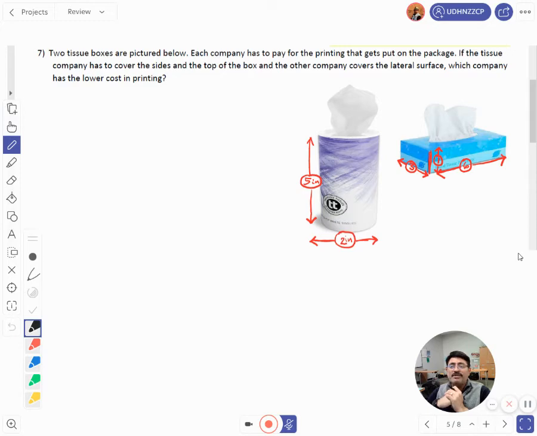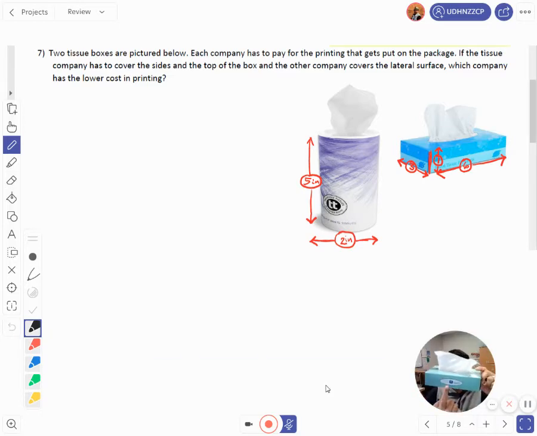Two tissue boxes are pictured below. Each company has to pay for the printing that gets put on the package. If the tissue company has to cover the sides and top of the box, let's take this box.